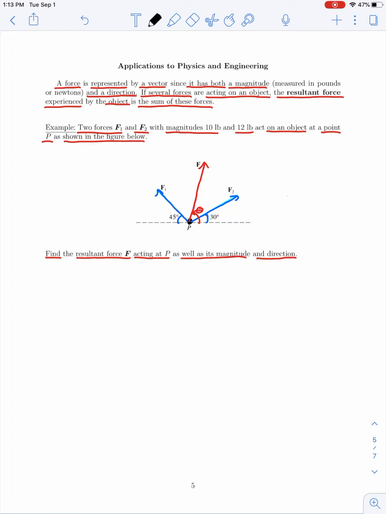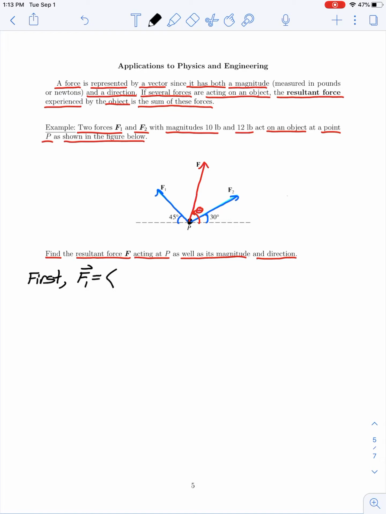So we can use what we had talked about in the first part of this section in terms of finding the components of a vector from its polar coordinates, and recall that the formula we could use would be the following.